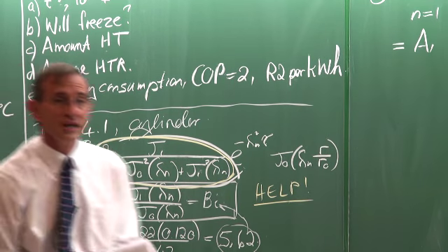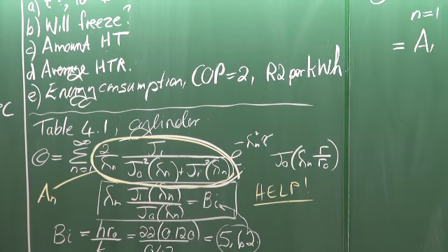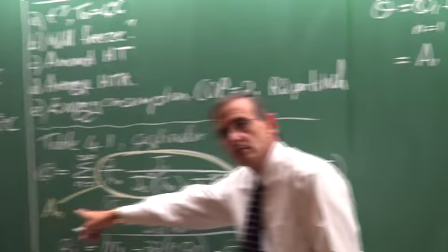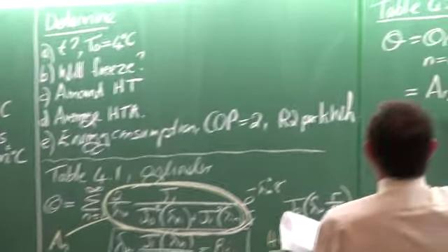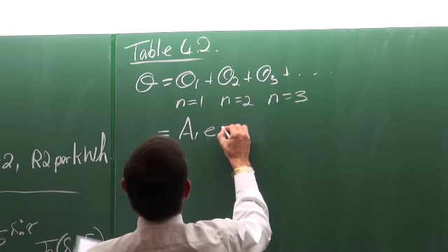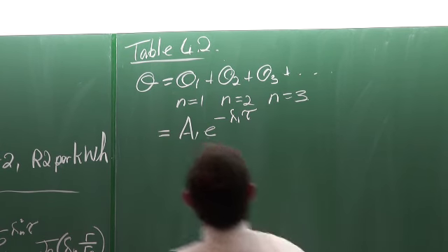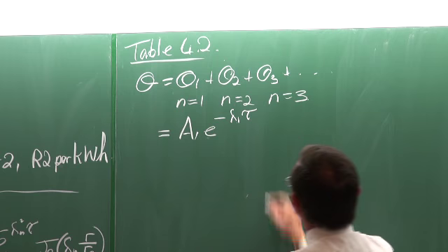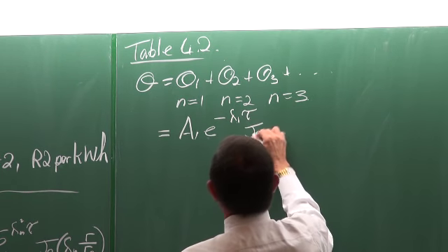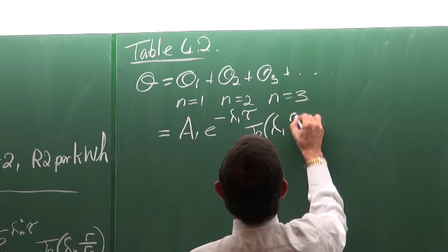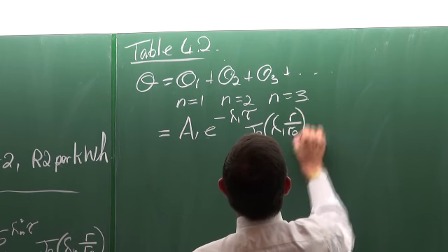So that is the constant A. For n equal 1, it would be A1, multiplied by e to the minus lambda 1 squared tau, multiplied by J0 of lambda 1 times r divided by r0.